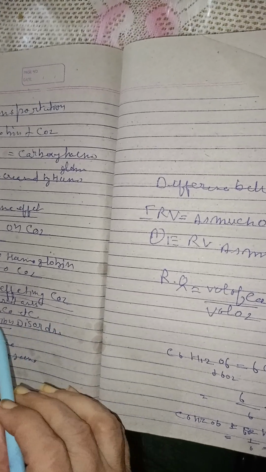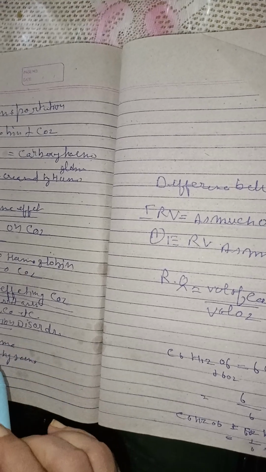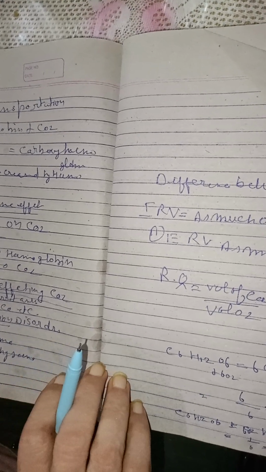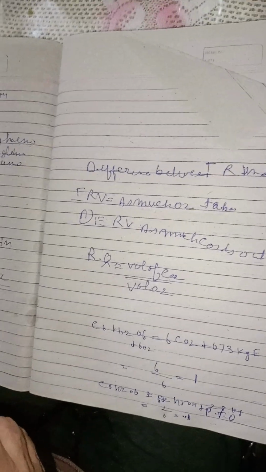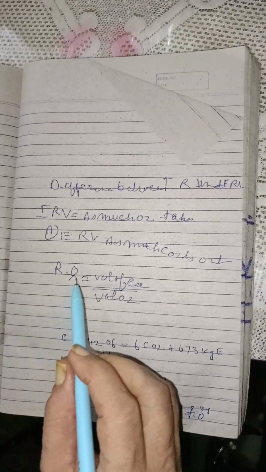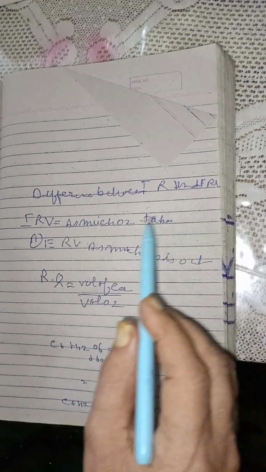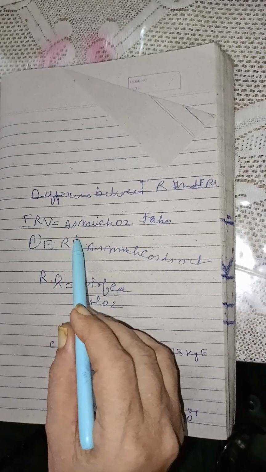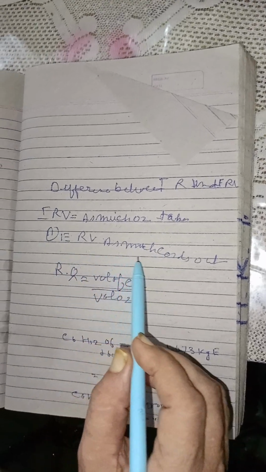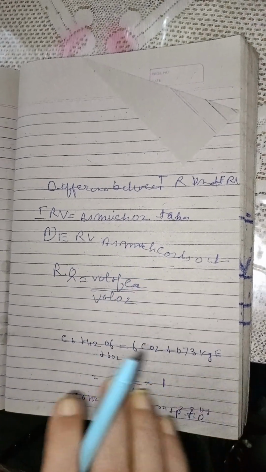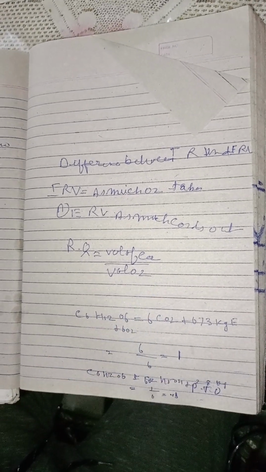Factors affecting CO2 are O2, and the disorder is asthma. Different rates are used. RQ is the respiratory quotient, volume of CO2 upon volume of O2.